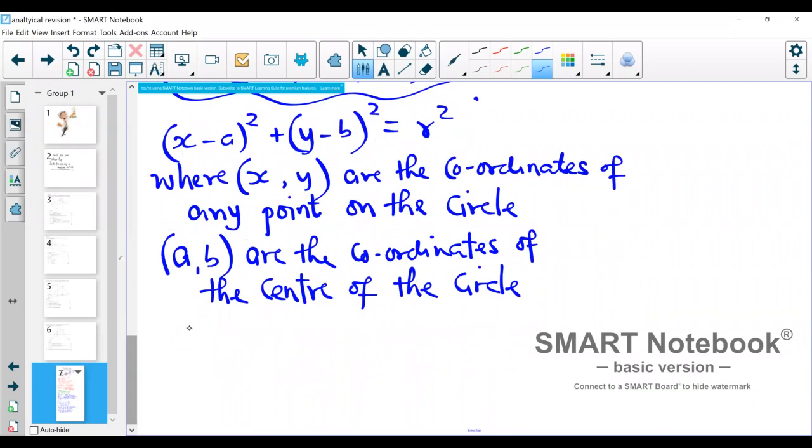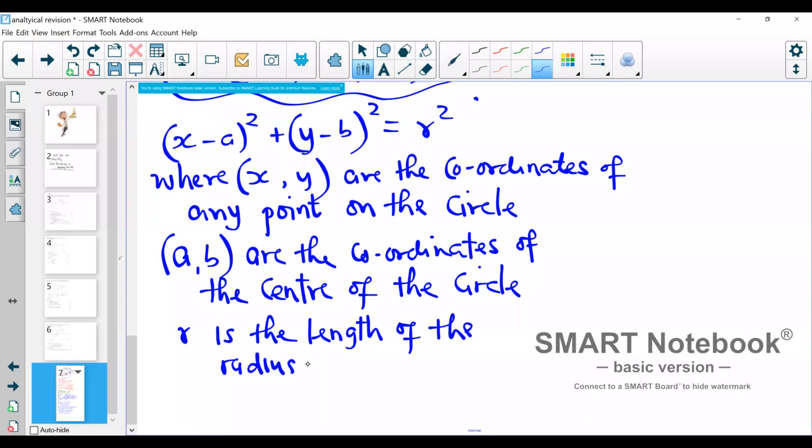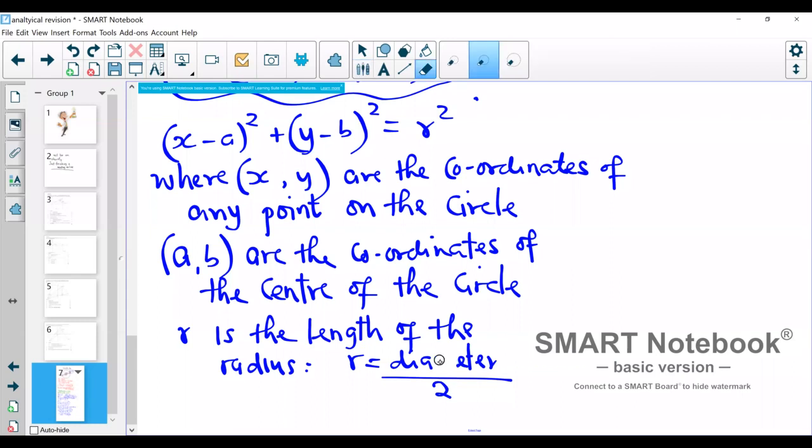And R is the length of the radius. And don't forget, R is diameter over 2. Diameter over 2.